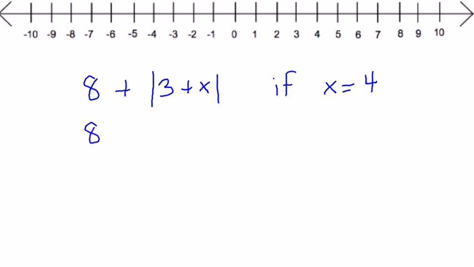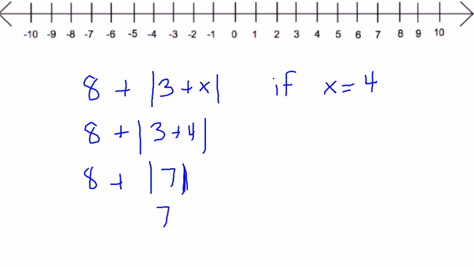Okay, so plugging in 4 for x. Inside our absolute value symbols, we have 3 plus 4, so we'll evaluate that first. 3 plus 4 is 7. Right, so we now have 8 plus the absolute value of 7. The absolute value of 7 is simply 7, and 8 plus 7 equals 15.